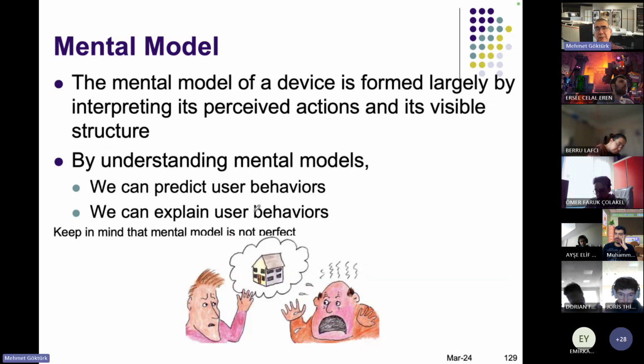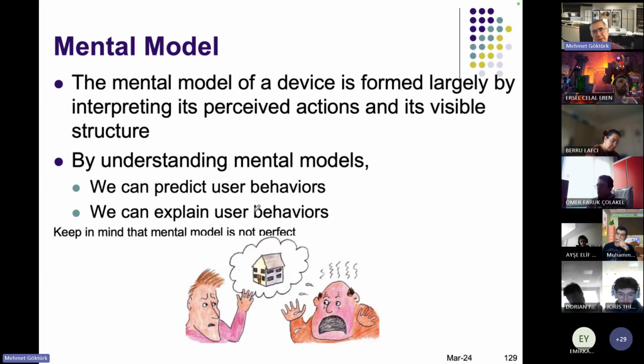The mental model of a device, find the device. This is Raspberry Zero. The mental model of a device is formed largely by interpreting its perceived actions and its visible structure.